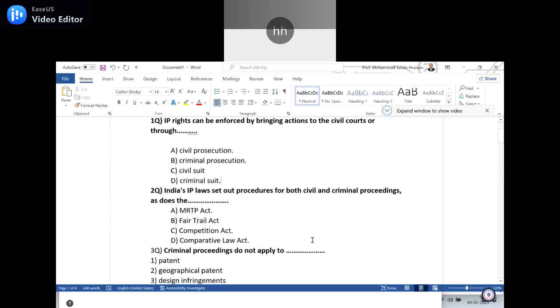Second question. India's IP laws set out procedures for both civil and criminal proceedings and so does the dash. A. MRTP Act. B. Fair Trial Act. C. Competition Act. D. Comparative Law Act.